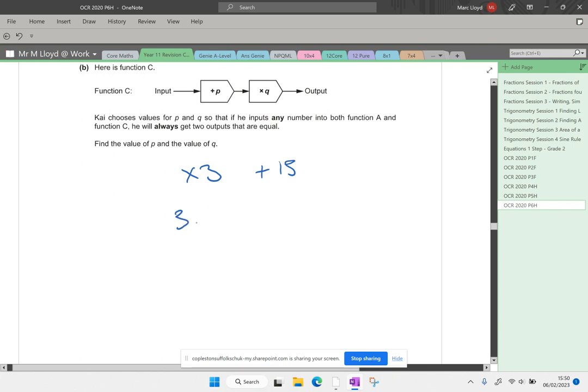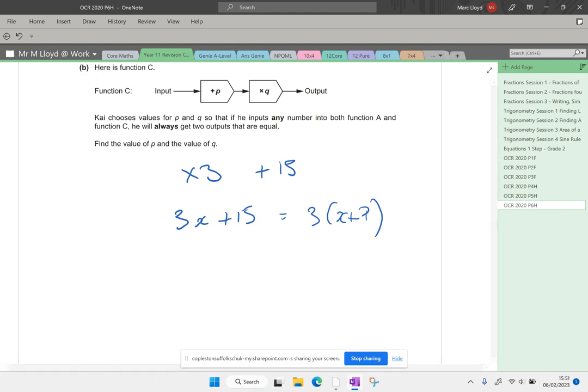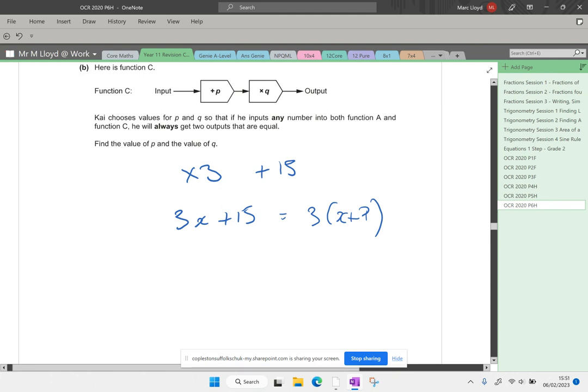3x plus 15 should equal 3 lots of x plus p. So p would have to equal 5.